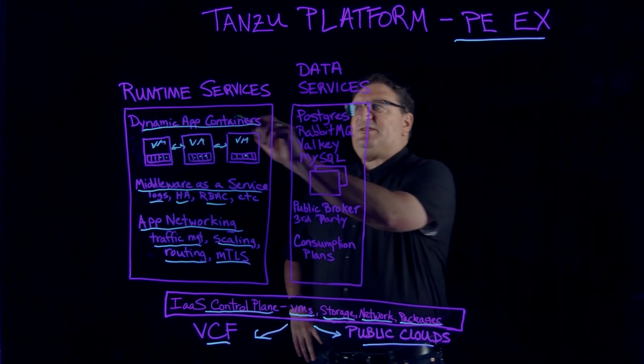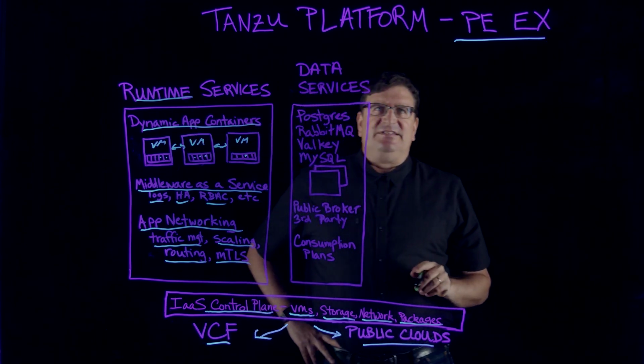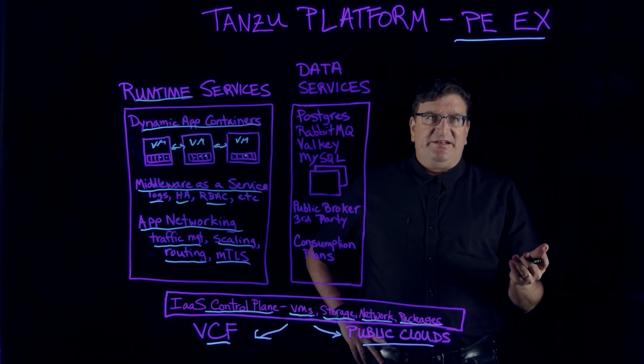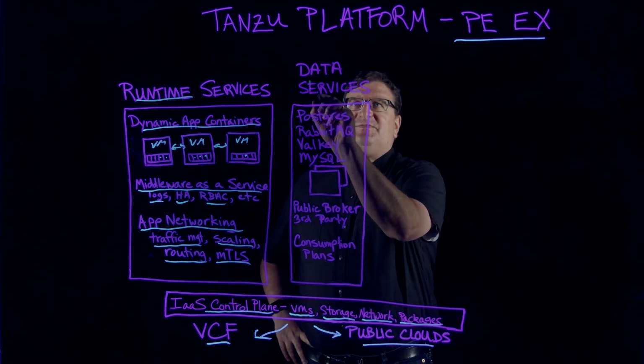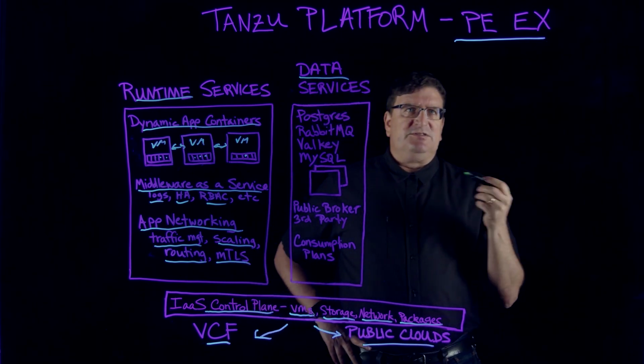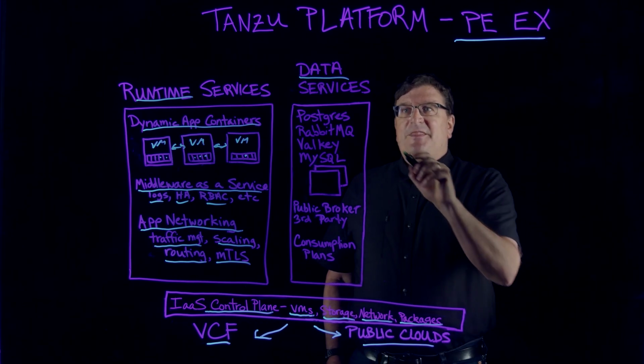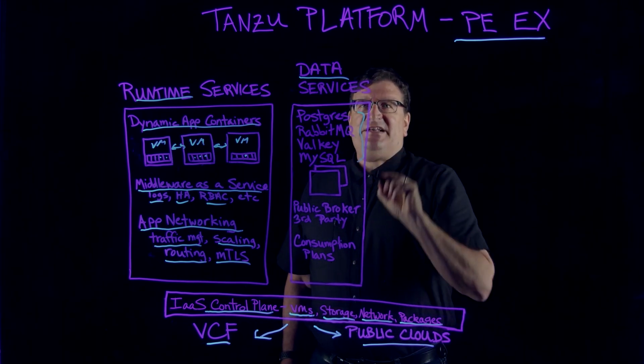So once you installed the runtime services, the next step, of course, is data, because an app without data doesn't mean anything. So the Tanzu platform allows you to install different types of data services to run with your apps. The first type is the platform managed one.